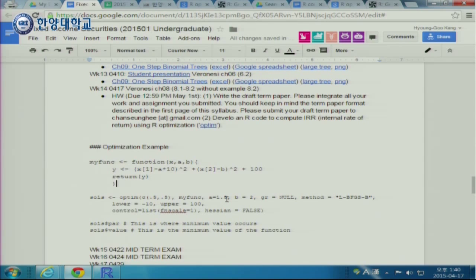This is a very important homework. You have to master this optimization function in order to do later homework. From now on, after the midterm exam, I'll give you homework such that you have to use the optimization function. For example, you have to use it to calculate the risk-neutral probability that we learned last week.